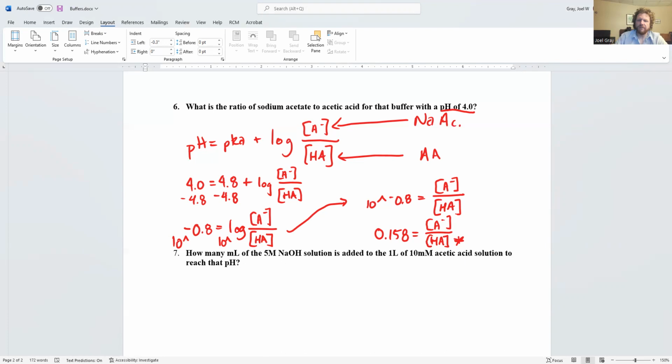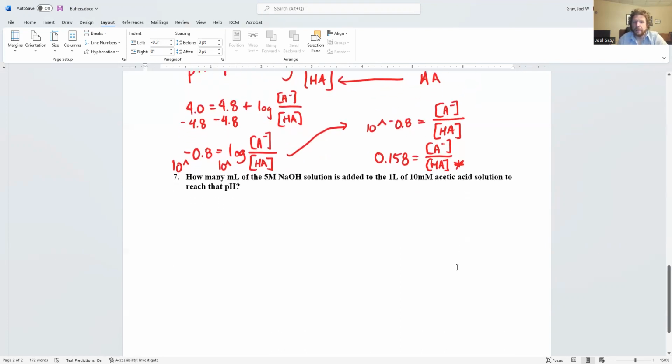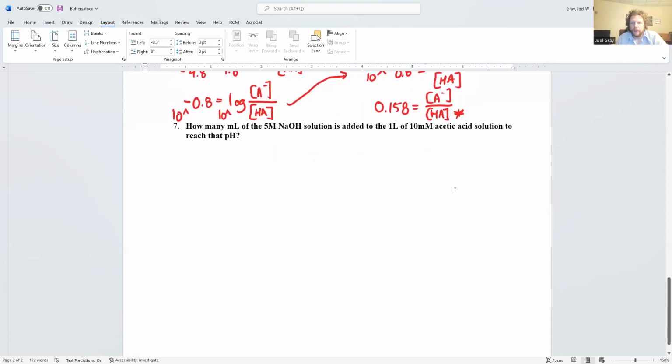Now, question number 7 asks us to take the next step. It says, how many milliliters of 5 molar sodium hydroxide is added to the 1 liter of our 10 millimolar acetic acid solution to reach the final pH?